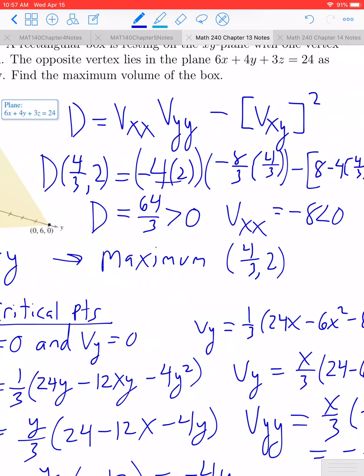The directions weren't simply to find the coordinates of it. We were actually tasked with finding the maximum volume of the box.